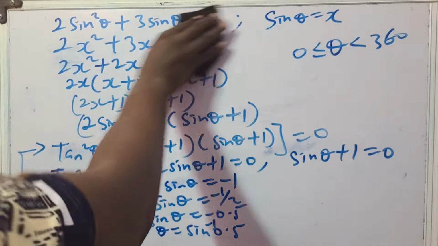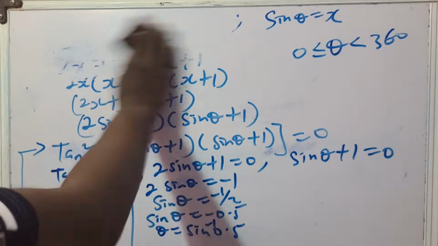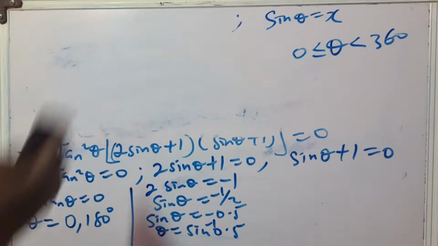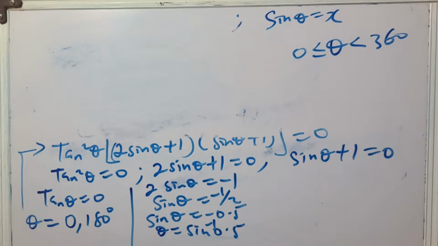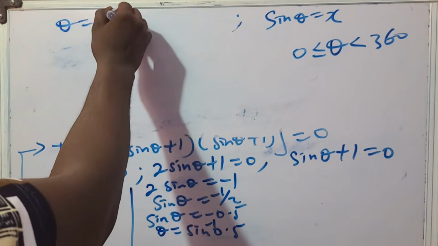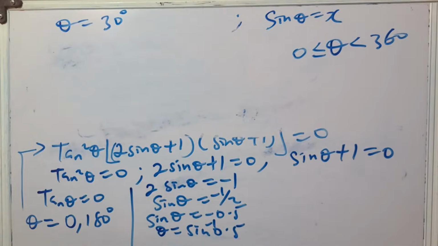This is just revision of angle of any magnitude. I believe everybody or majority of people right here understand it. But if you don't understand, you can go back and check our videos on trigonometry. We have already explained that. So arc sine 0.5 is actually 30. So we have theta being 30, but don't forget, this 30 is not what you're going to use as your final answer.